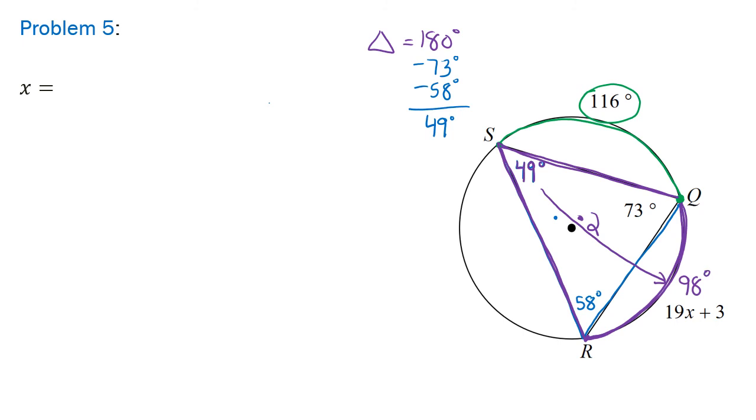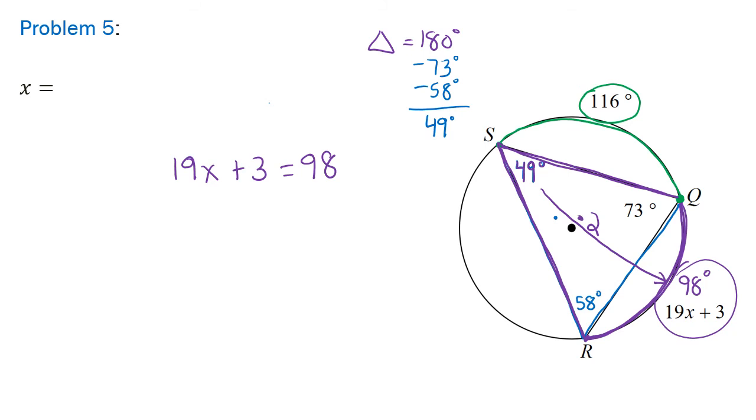Once again, your inscribed angle should get multiplied by 2 to find its arc. The arc is always double the size of the inscribed angle. Now that I know this arc is 98 degrees, and this expression 19x plus 3 goes to that arc, I can set them equal to each other because now we know they're the same.